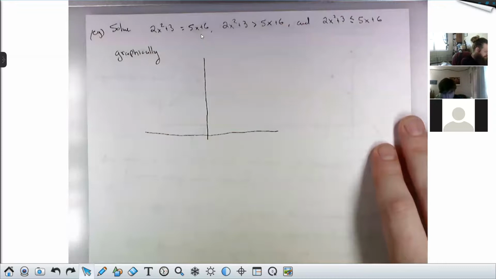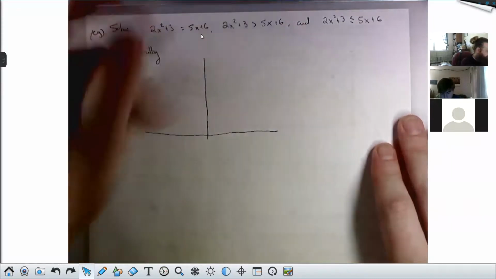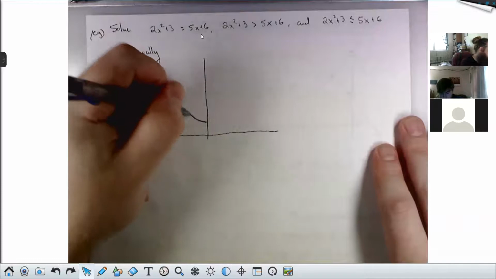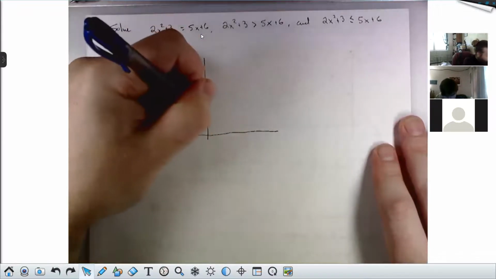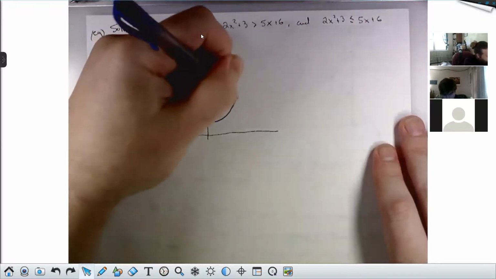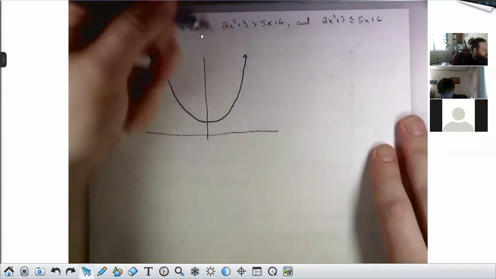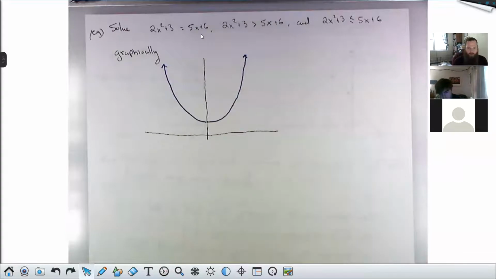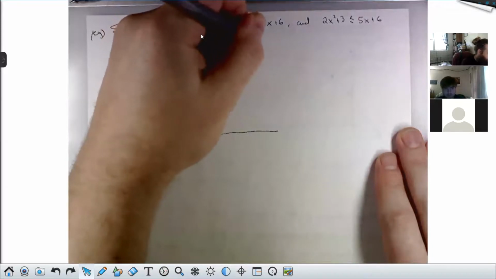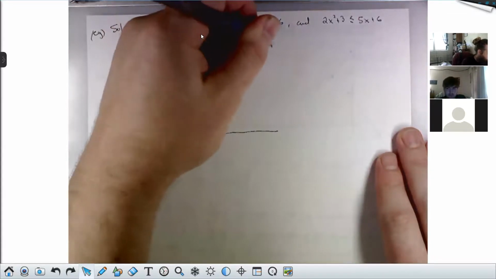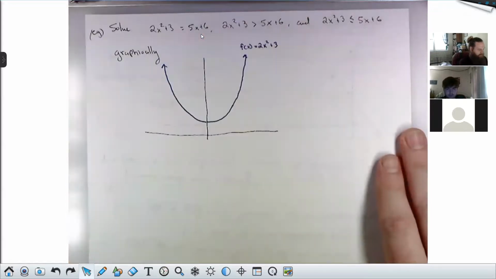I'll do one of them in blue and the other one in purple. 2x squared plus 3 looks something like this. It is a parabola opening up with its vertex at 0, 3. It's been stretched vertically compared to x squared by a factor of 2. So this is f of x equals 2x squared plus 3. I'll label some points in a second.